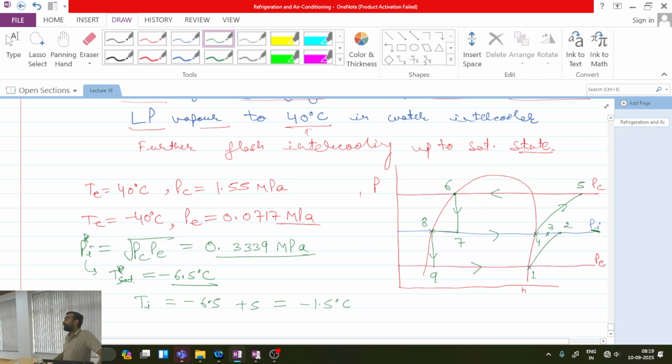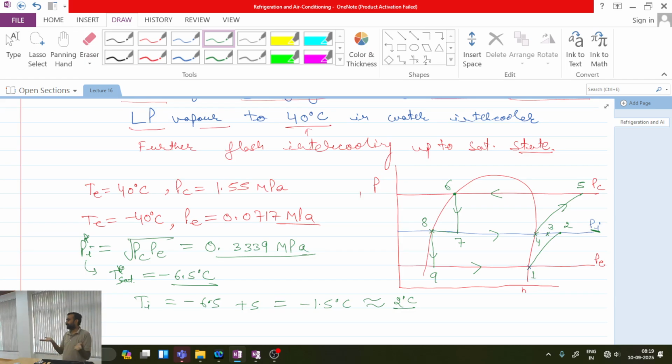Now, if you refer to your property table, you will find that the 1.5 direct entry is not coming in the table, but the 2 degrees Celsius entry is coming in the table. In my table 2 is there. So for the sake of avoiding the interpolation, I have approximated it as nearly equal to 2 degrees Celsius, so that I can directly use the property table and need not perform any interpolation.